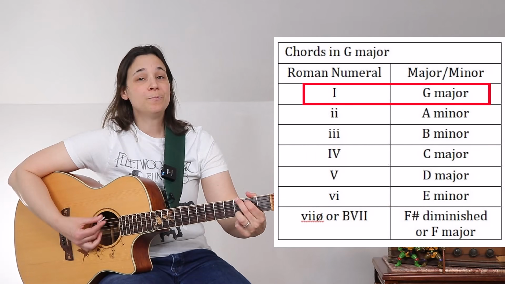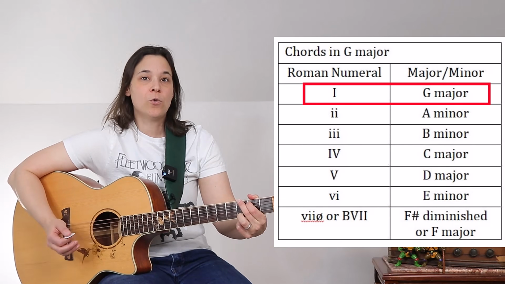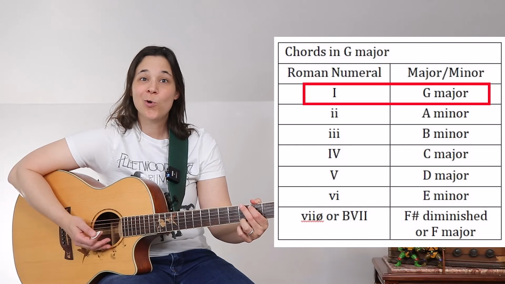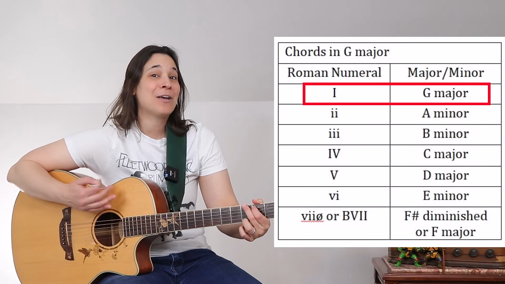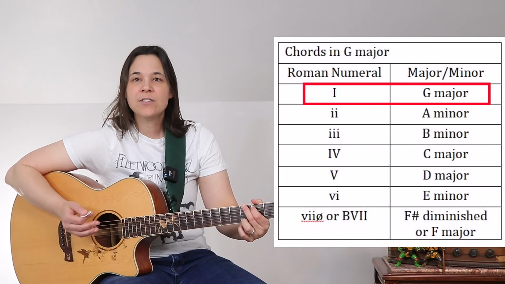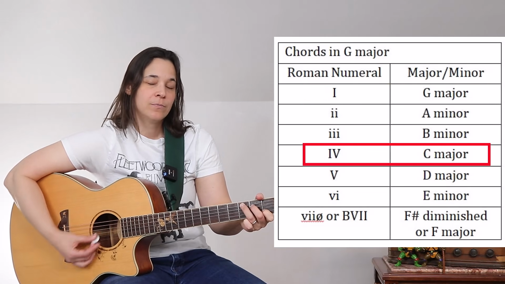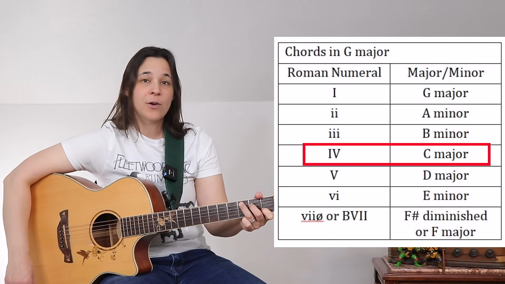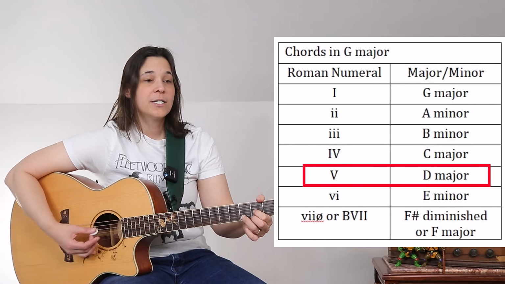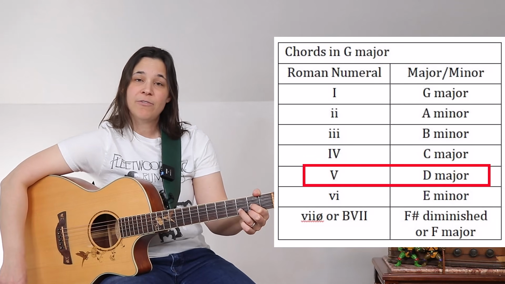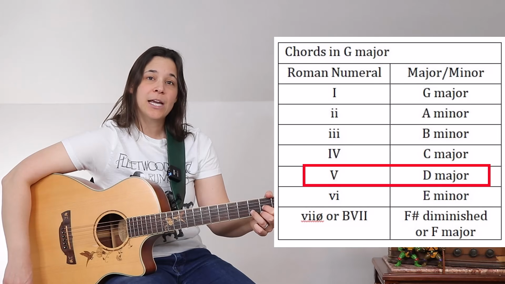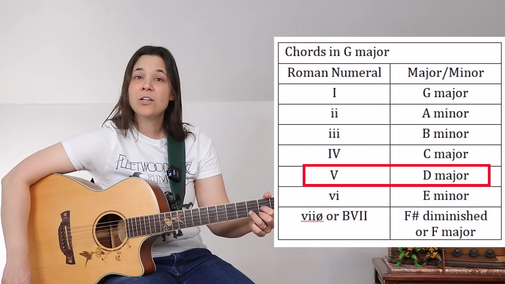Our G chord is our 1 chord. It's our home chord. It's the chord that when we end a song, we feel like we're done. Our 4 chord is going to be a C chord. Our D chord is going to be a 5. These are all uppercase Roman numerals because they are major chords.